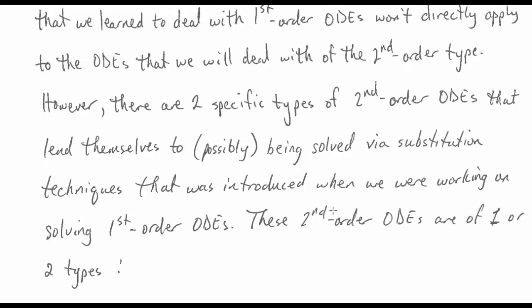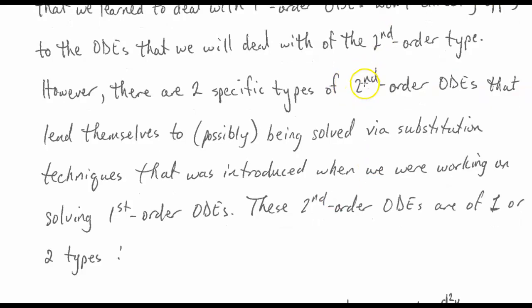And if you remember watching those videos, I called the Bernoulli a first order linear ODE with an identity crisis. Okay. And so for those types here, we're going to see that if we do the proper substitution for the ODEs that we're going to study here, these second order or third order or fourth order ODEs will turn into one of those earlier types of equations that we learned how to solve. Okay, and that's the main point that I'm trying to make here.